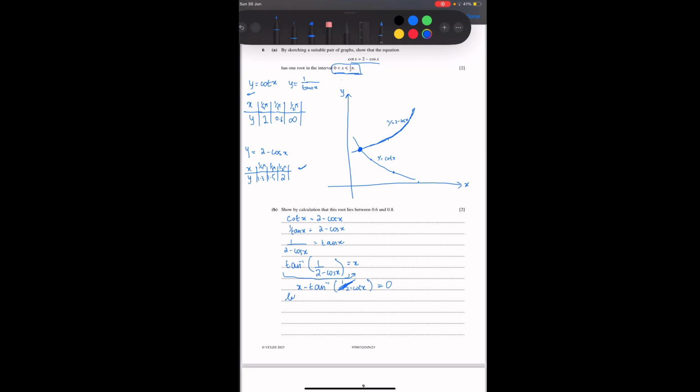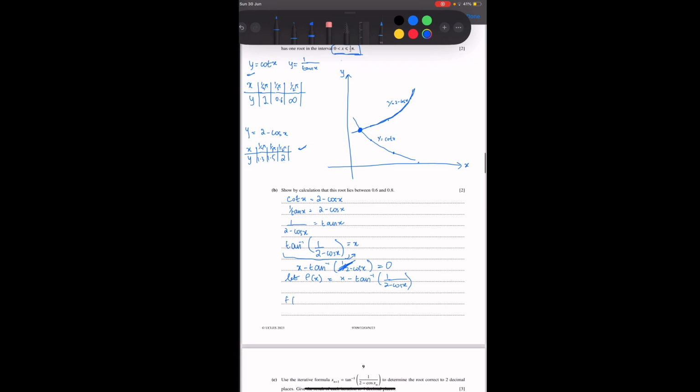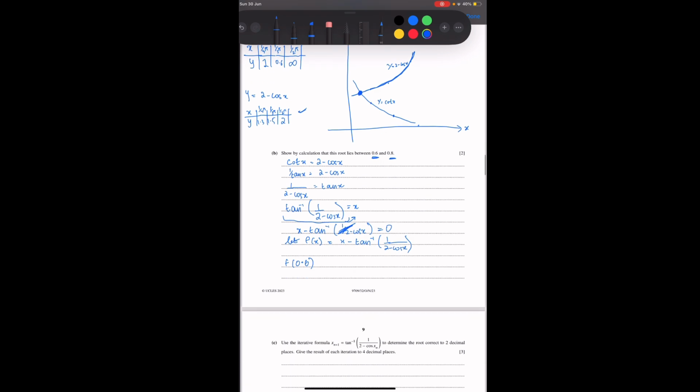Then I'll say let f of x equal x minus tan inverse of 1 upon 2 minus cos x. I'll put in the two values 0.6 and 0.8, and if there is a sign change, then that means the root lies between 0.6 and 0.8.